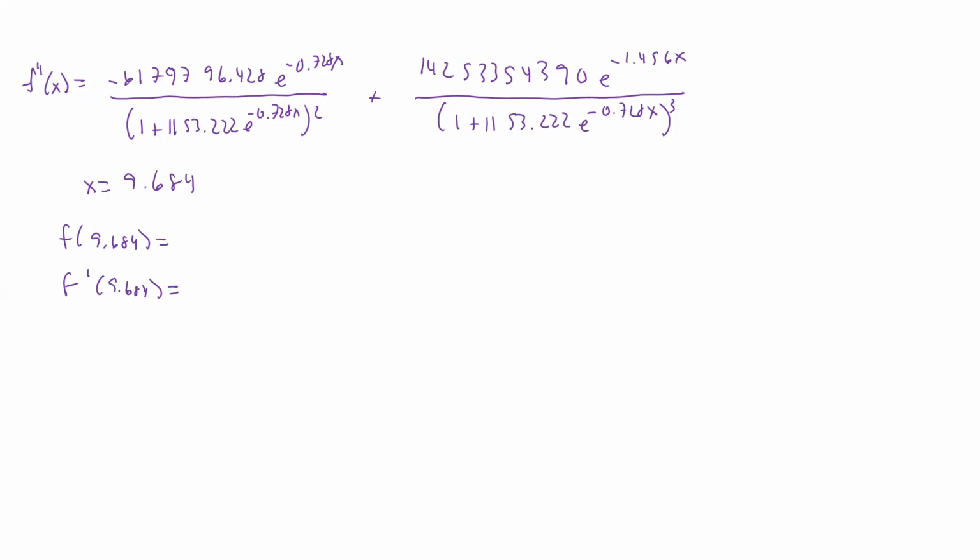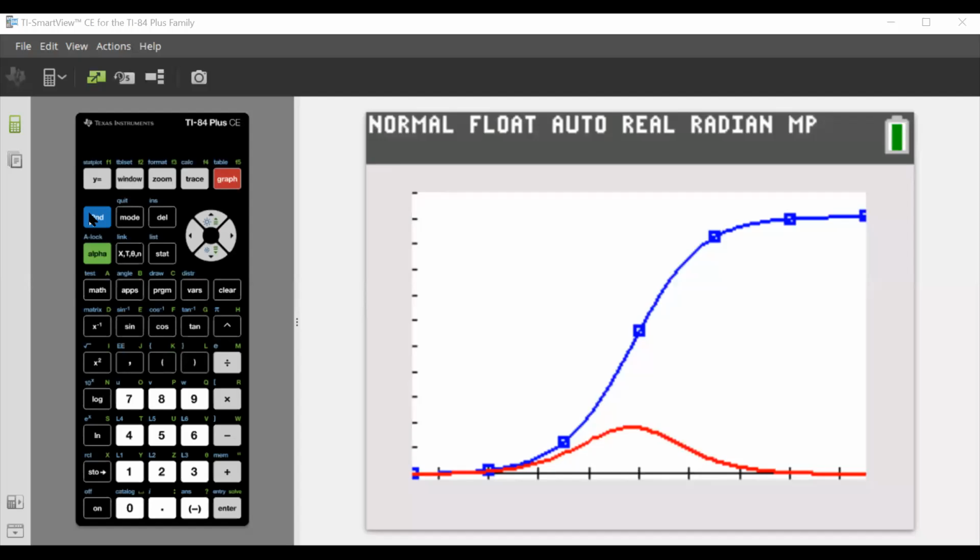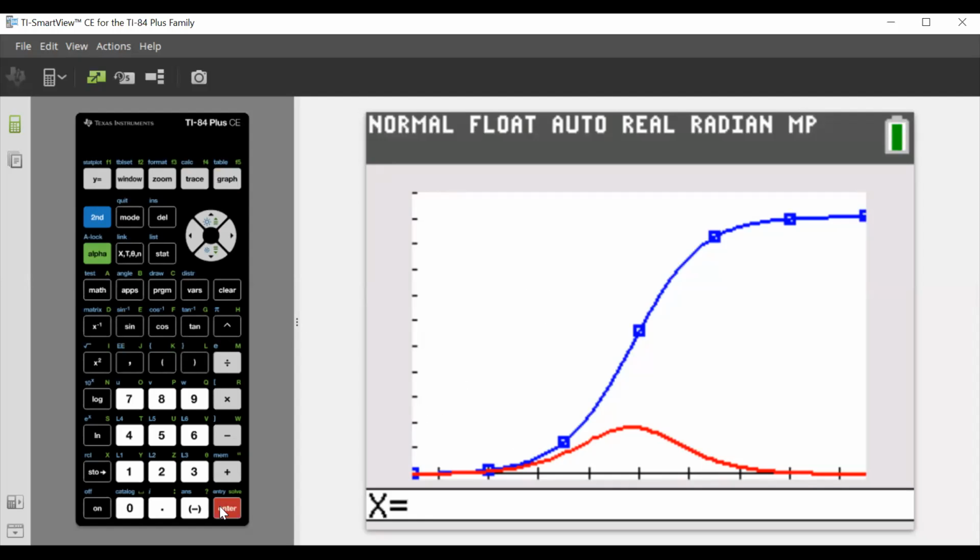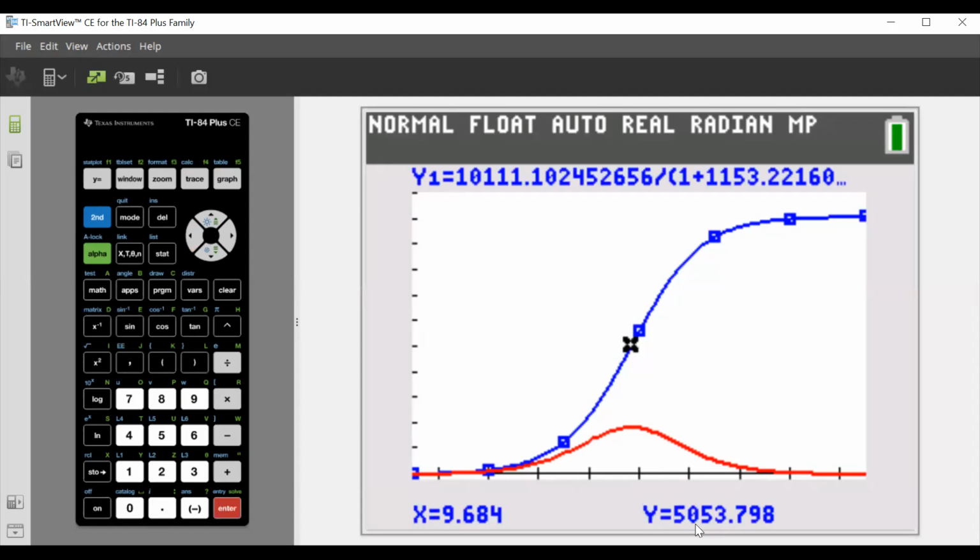Instead of typing, I made sure we had everything in our calculator, and we're going to do our second trace, and we're going to do a value, and we add 9.684, and we get 53.798.